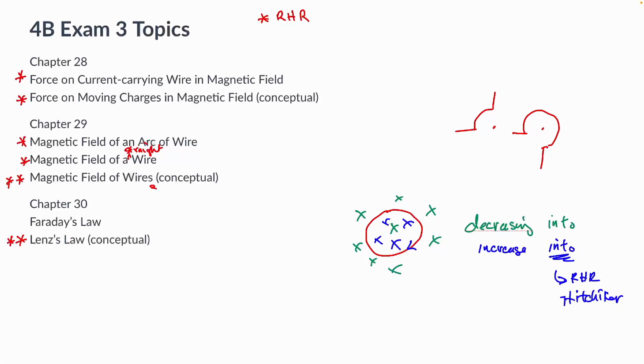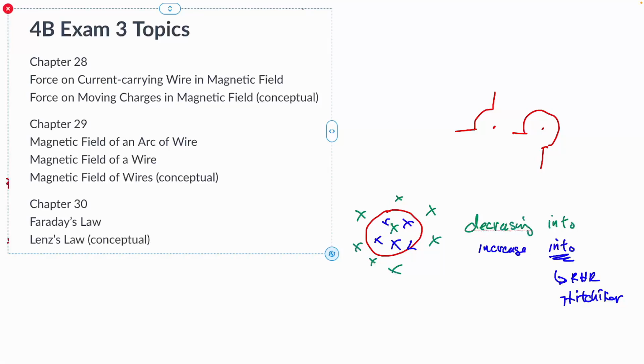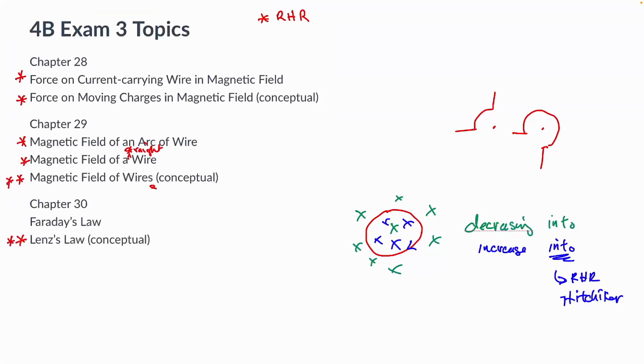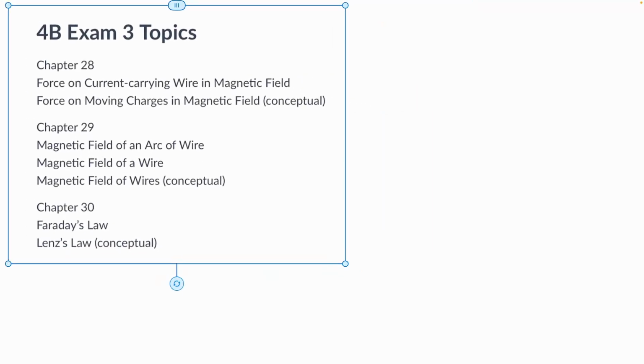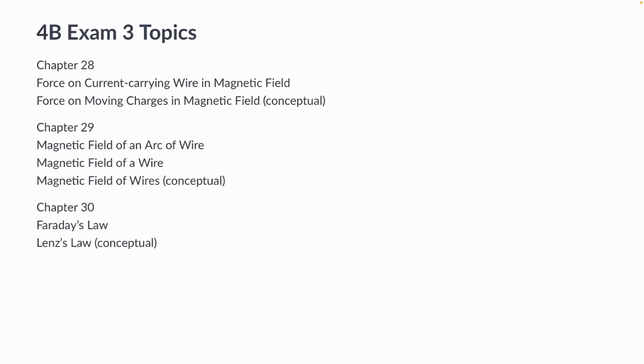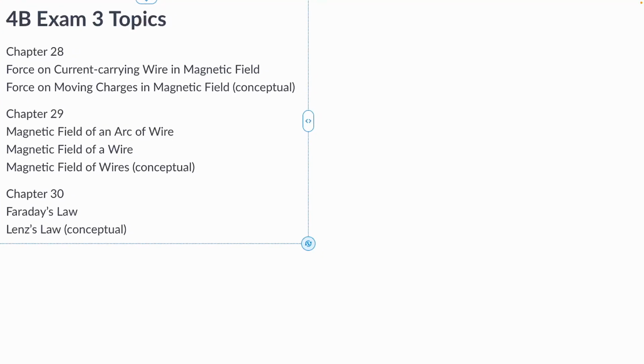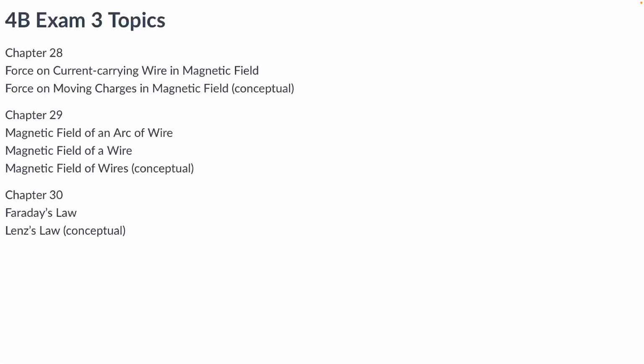Force on a current carrying wire in a magnetic field. Okay, let's. Can I copy this? I can copy this. All right. Force on a current carrying wire in a magnetic field. What possible equations could we need for that?